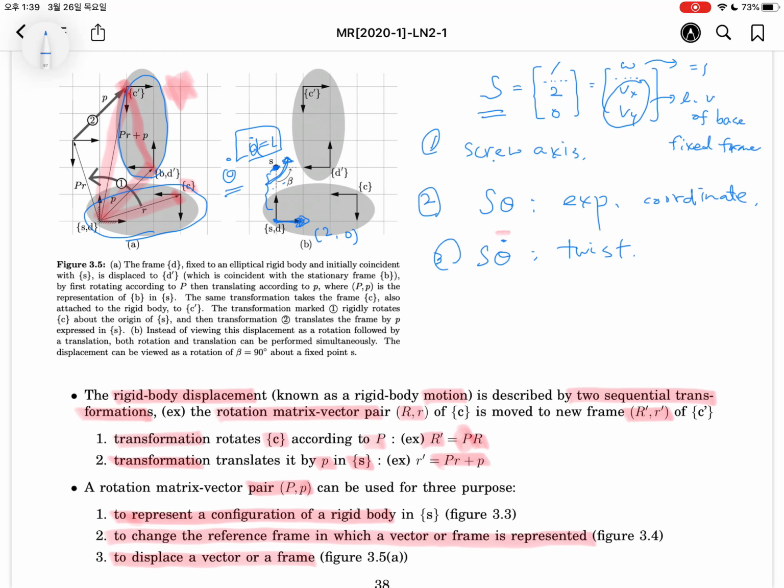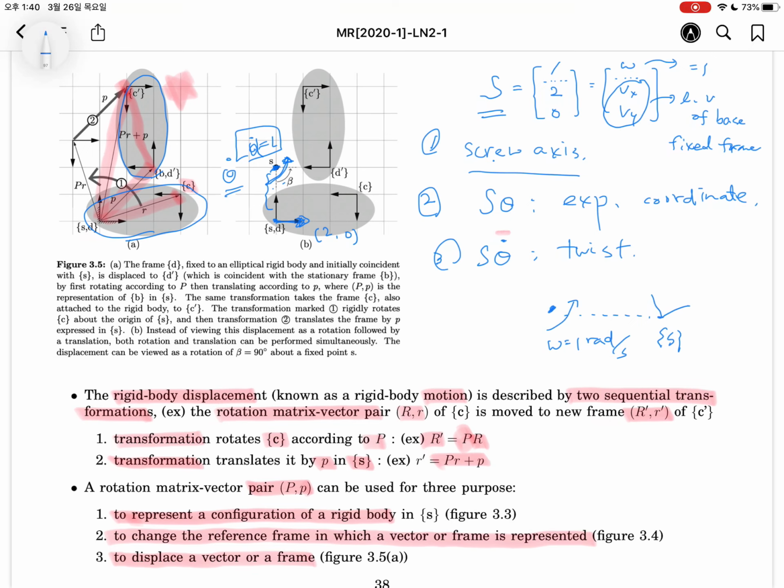Okay, the more important one is the screw axis. The rotational center should be obtained, and then the space frame like this. You should know the displacement to here. Then let's assume a 1 radian per second rotation.